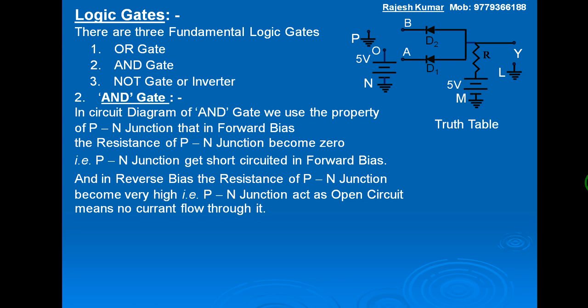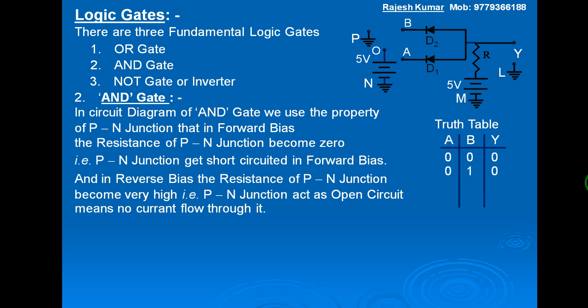Now the truth table of the AND gate. Suppose this is input A, this is input B and output Y. For the AND gate, if A is 0, B is 0, the output is also 0. If A is 0, B is 1, then output Y is also 0.